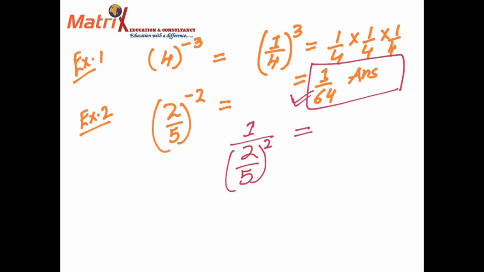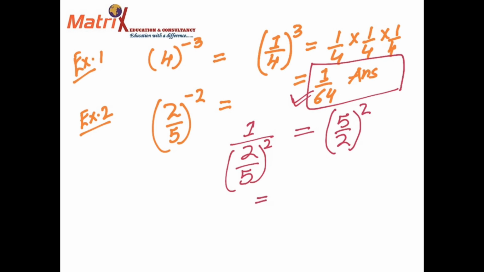I'll be giving you one session on simplifying fractions, especially the division of fractions. But for now, when we see it's 1 divided by 2 over 5 raised to the power of 2, it actually becomes 5 by 2, and this whole is raised to the power of 2.